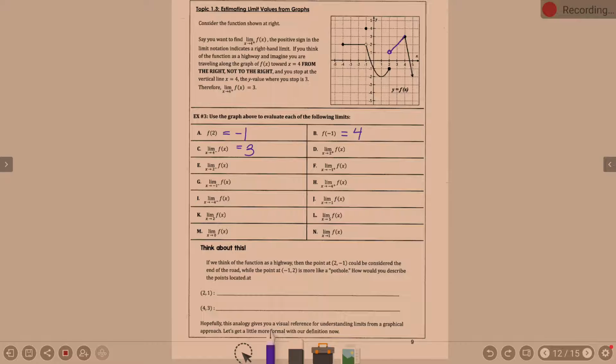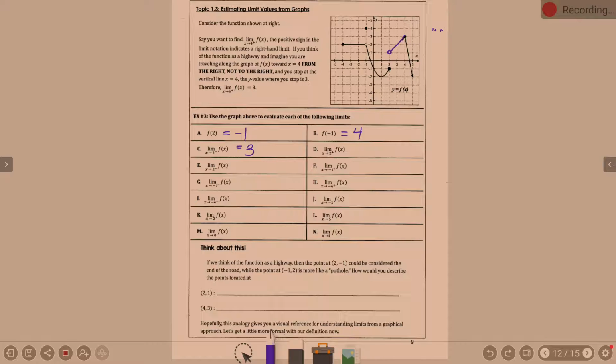We're approaching that empty circle. It's a limit. The value does not have to exist at that point. It just has to approach and get closer and closer to that point. Okay, so now if I asked you what is f of 2, I agree, f of 2 is equal to -1. But a limit is as we're getting closer and closer from that side.